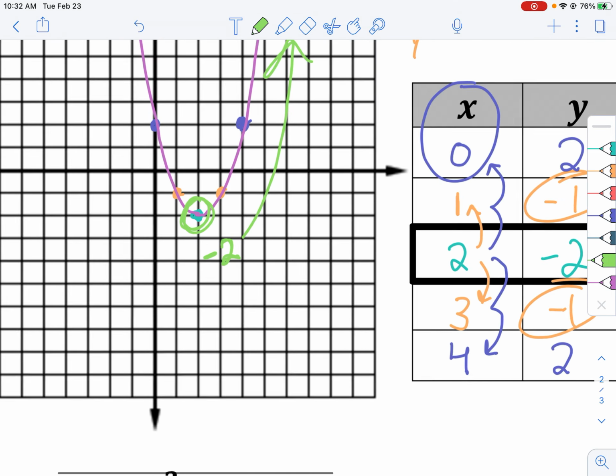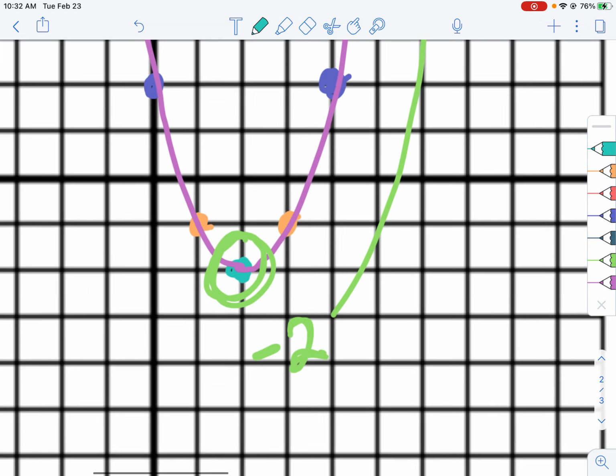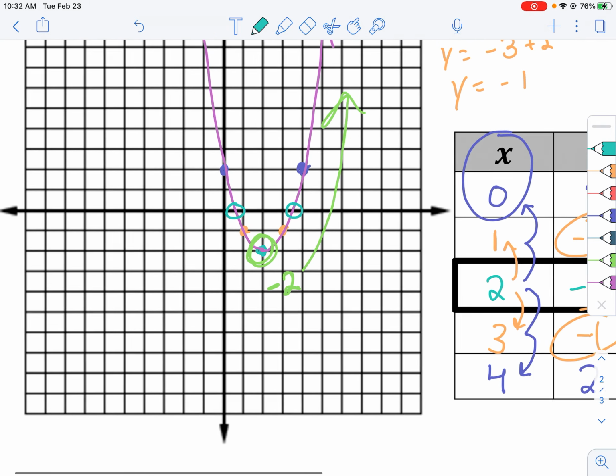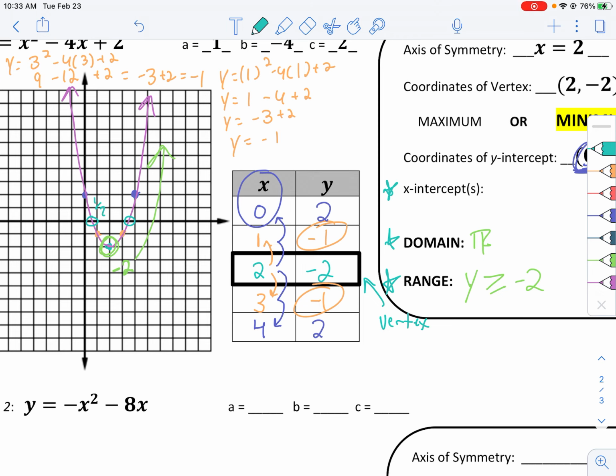In this case, it's asking for x-intercepts, right, in our box here. The x-intercepts aren't very nice in this particular equation. Okay, they're going through at not whole numbers right there. So just estimating right now is okay for our x-intercepts here. So this looks like it's about 1/2.